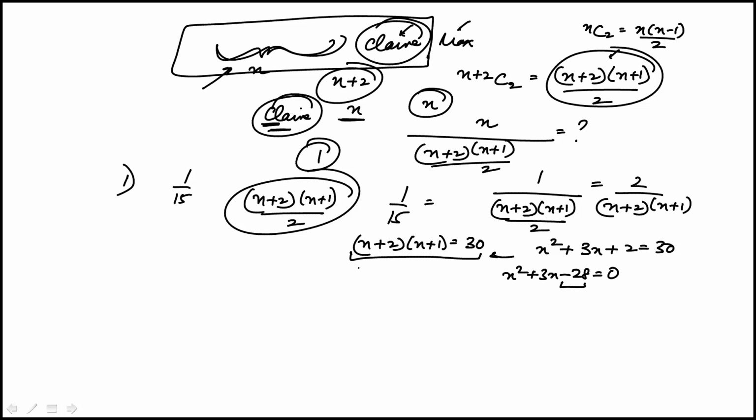You'll see if n is 4, it's 6 times 5, which is 30. So it's easier to do it that way as opposed to solving it. I mean, you can certainly do that here. This would be n plus 7, n minus 4, and you'll see that's going to give you a unique value.